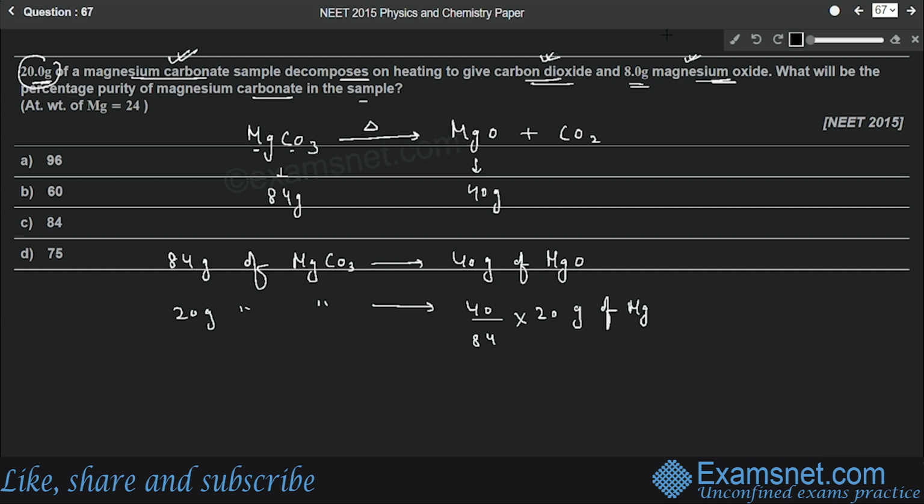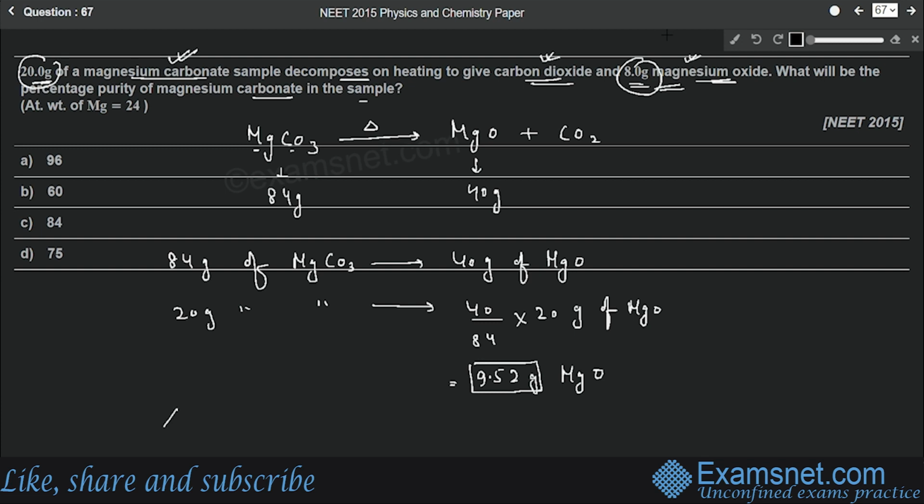Okay. So on solving this you'll get 9.52 grams of magnesium oxide. So this much magnesium oxide should be formed. But in the question it is given that the actual yield was only 8 grams. Okay, 8 grams magnesium oxide is formed. But ideally 9.52 grams should be formed.